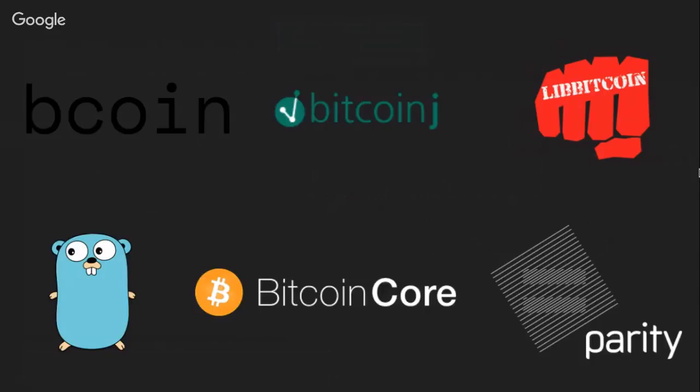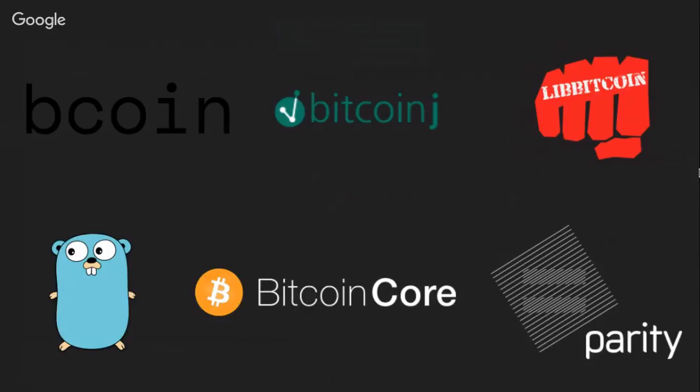These are some of the different implementations that exist of the Bitcoin protocol. These all basically implement the same rules so that they can all stay in consensus on what is the current valid version of the blockchain. There's Bitcoin, which is a JavaScript implementation, Bitcoin J, which is a Java implementation, libbitcoin, which is a C++ implementation, BTCD, which is a Go implementation.